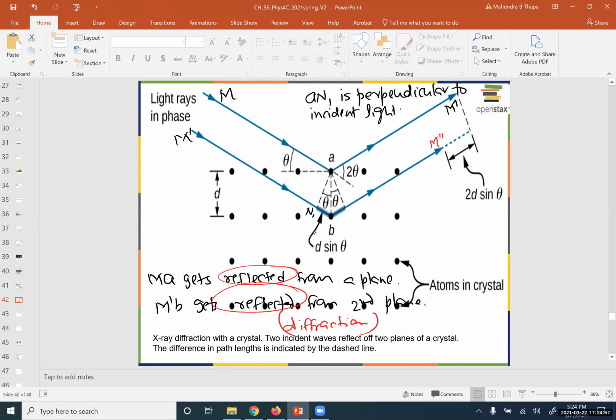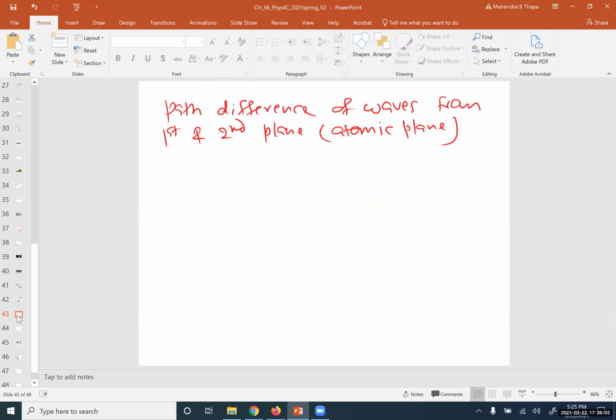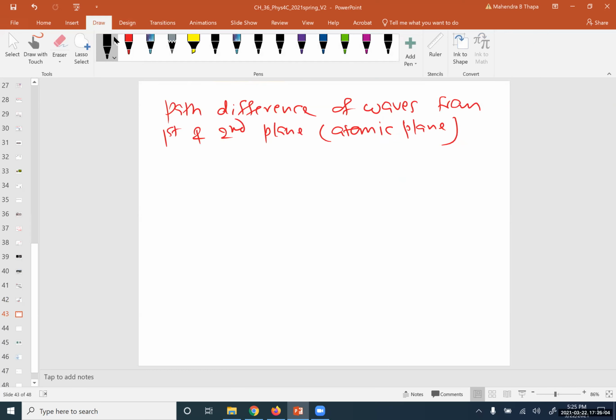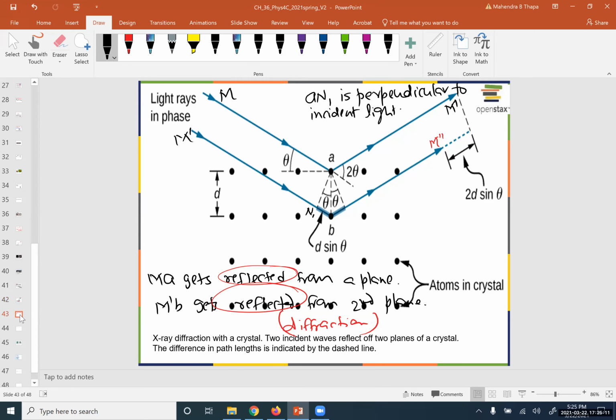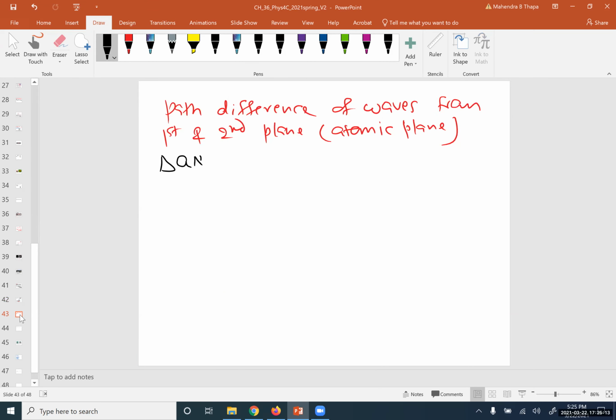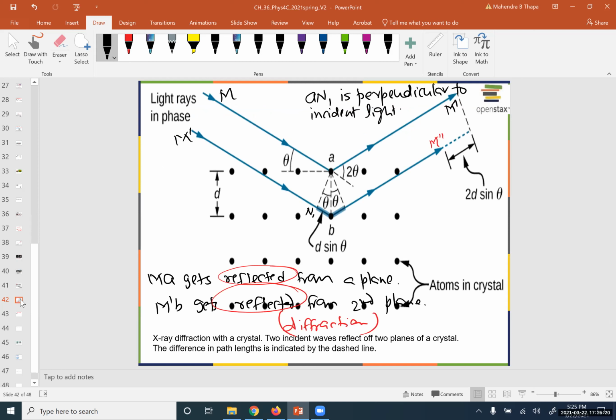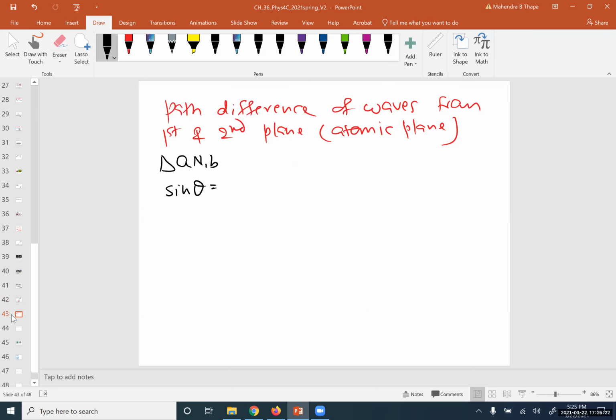So if you take the triangle A N1 B, I take the angle sine theta. Sine theta will be equal to N1B over AB.